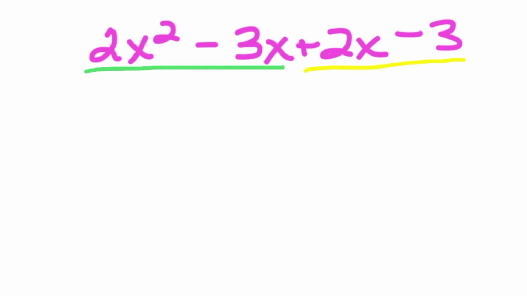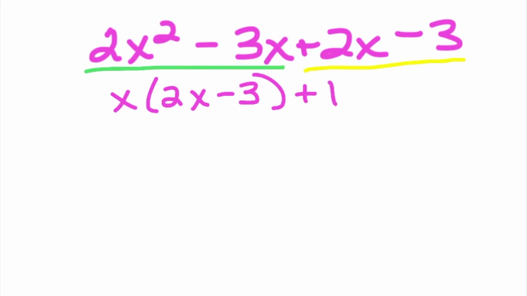I'm going to start with the first two terms and look for a GCF, and the GCF in those first two terms is x times 2x minus 3. And then the GCF in the next two terms is just 1. Now you really still want to write plus 1 because that becomes part of your answer. And then the 2x minus 3 doesn't change.